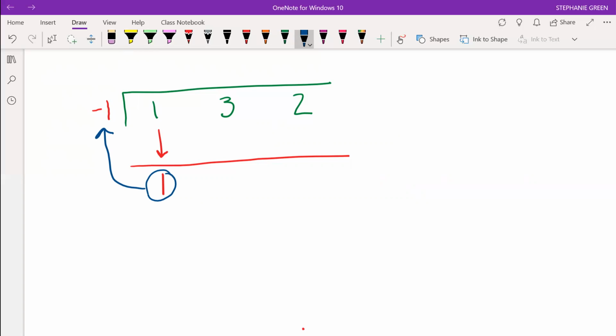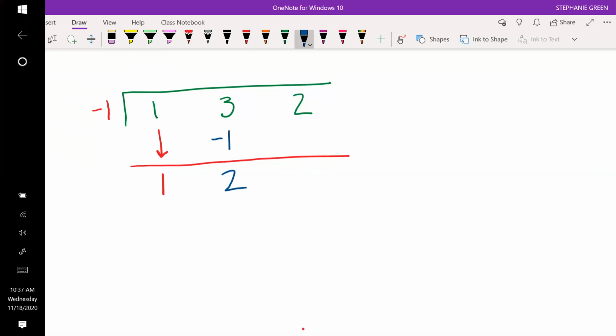I put that product in the next spot here. Then I add downwards. 3 plus -1 is 2.